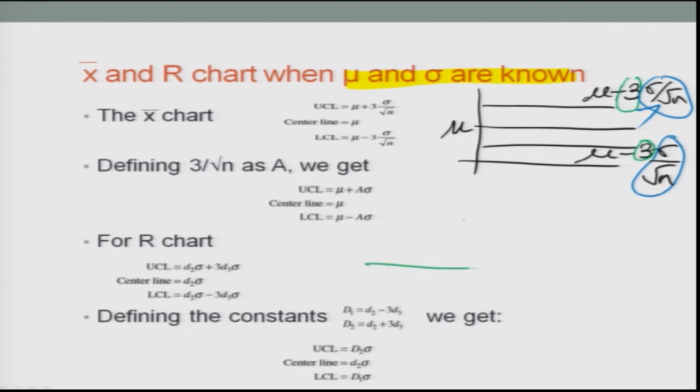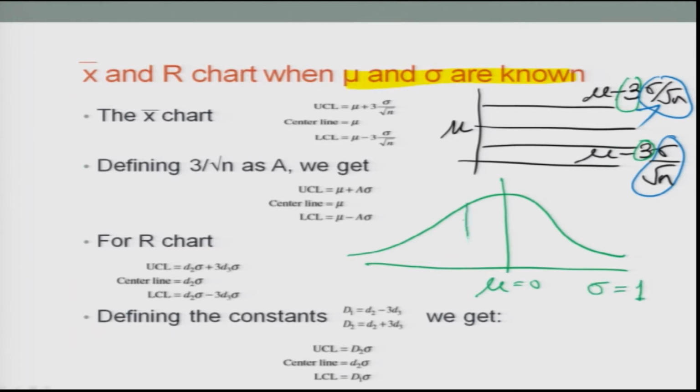Now consider the standard normal deviate, where mu is 0 and the standard deviation is 1. When I consider plus minus 1, I am covering about 67%. When I consider plus minus 2, I am covering about 95%.